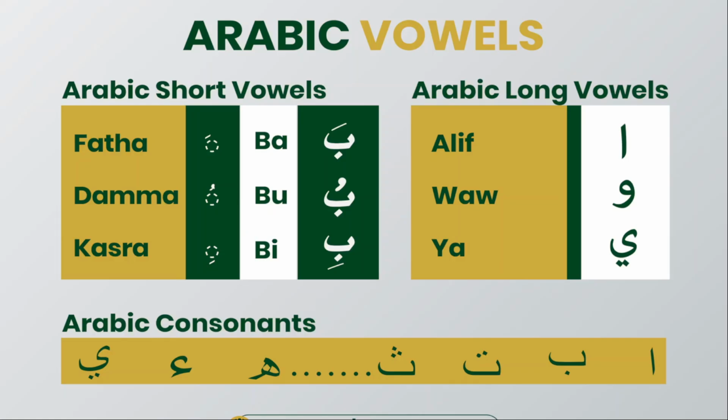So today also we will be touching on a new topic called Arabic vowels. There are two things: consonant and non-consonant in Arabic.